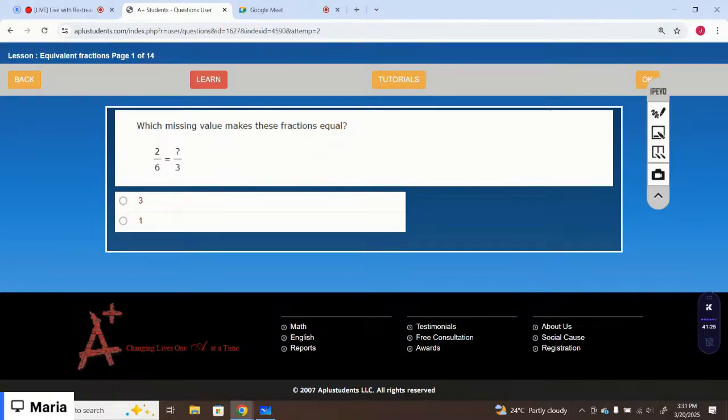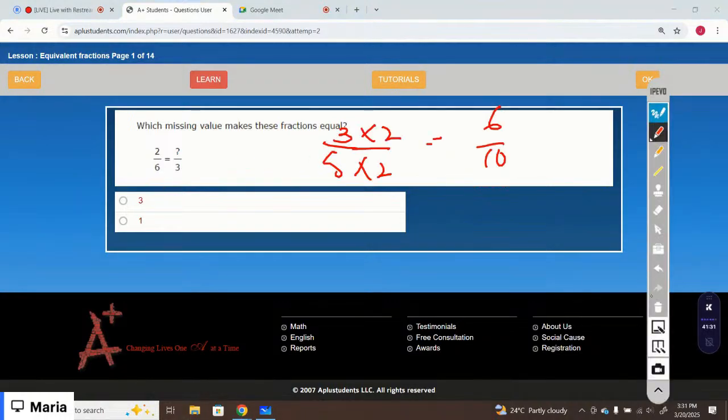Which missing value makes the fraction equal? You need to find a missing value, right? So how do you find a missing value? 3 times 2 is 6.